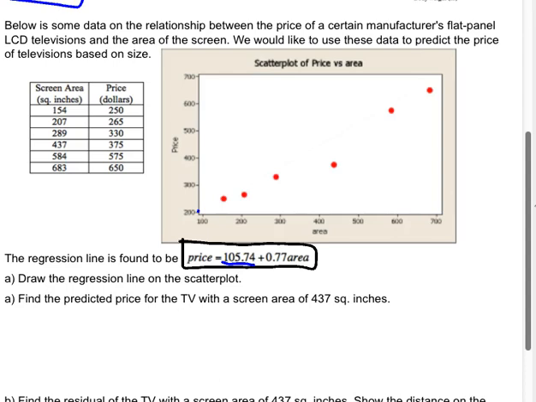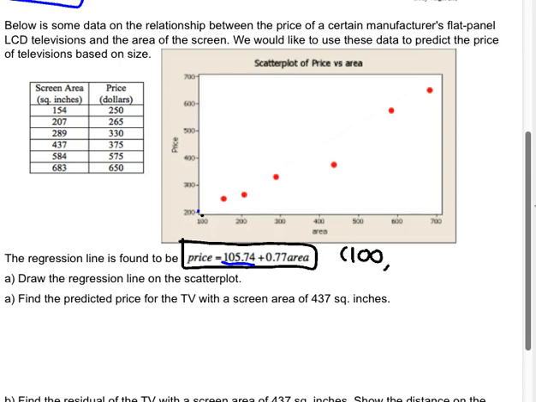So here's my piece of advice if they ask you to draw a line. To draw the line, you realistically only need 2 points, right? So I'm going to use an area of 100, okay, because notice that's actually showing here. So all I'm going to do is plug 100 into the formula.